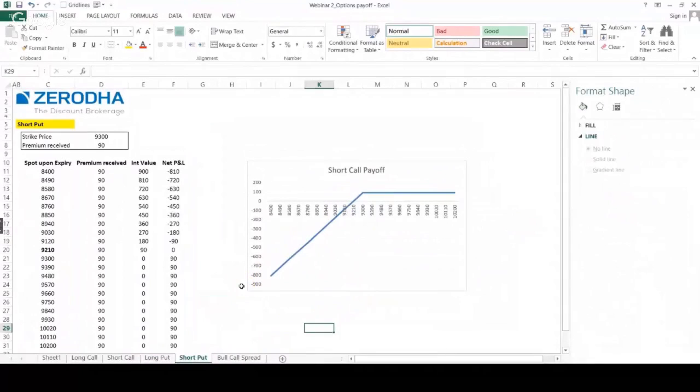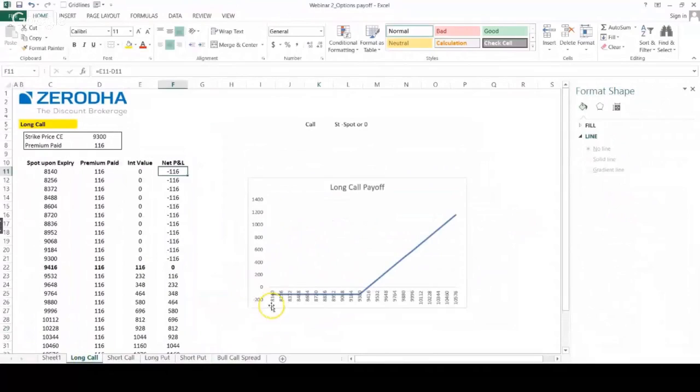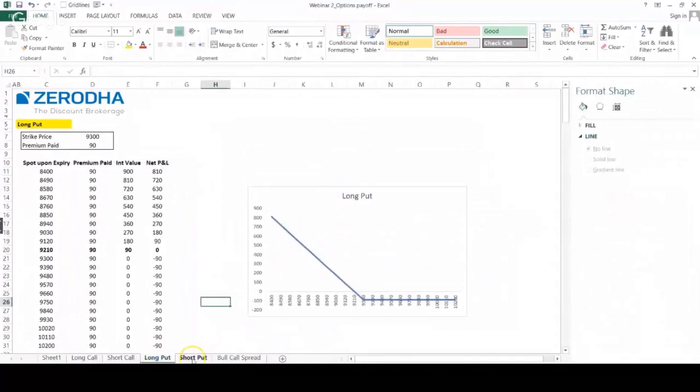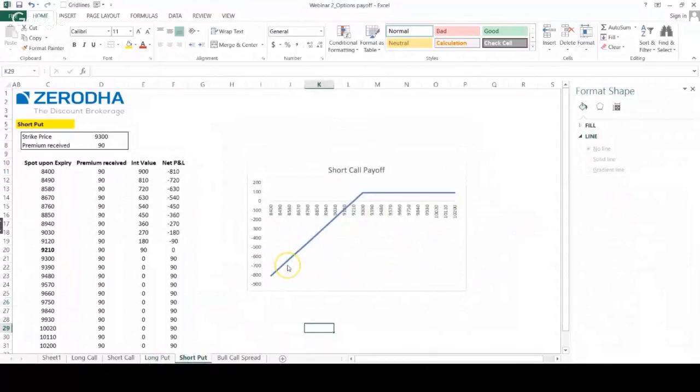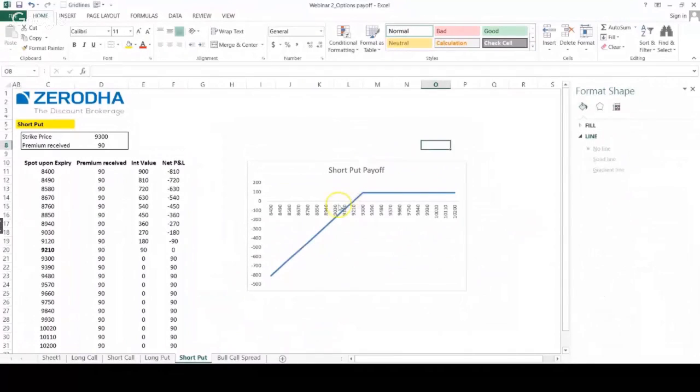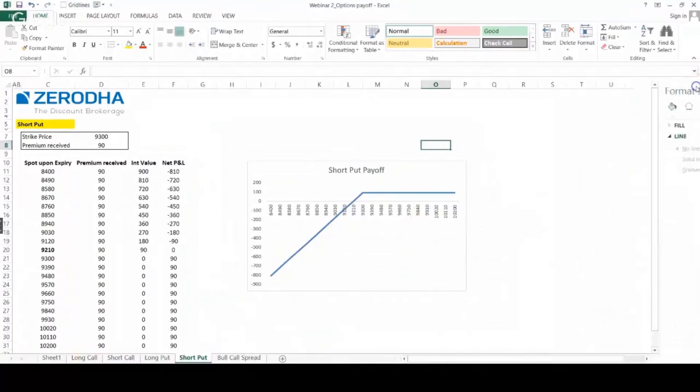So these four graphs, guys, if you can understand what's happening with these four graphs, this is the payoff of a long call, this is the payoff of a short call, this is the payoff of a long put, and this is the payoff of a short put, right? So sorry, I think I made a mistake here. If you can understand and appreciate what is happening in these four graphs, trust me, this lays down a very, very solid foundation for your learning of options, right?